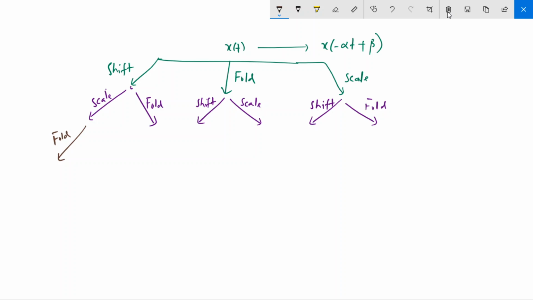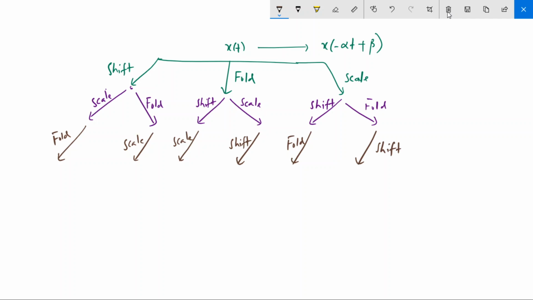Shift, fold, and then you have to scale it. Fold, shift, this will be scaling, last operation. Fold, scale, this will be shifting. Scale, shift, then you have to apply fold, and scale, fold, then you have to apply shift. So you have different possibilities. You have 6 possibilities how to achieve.